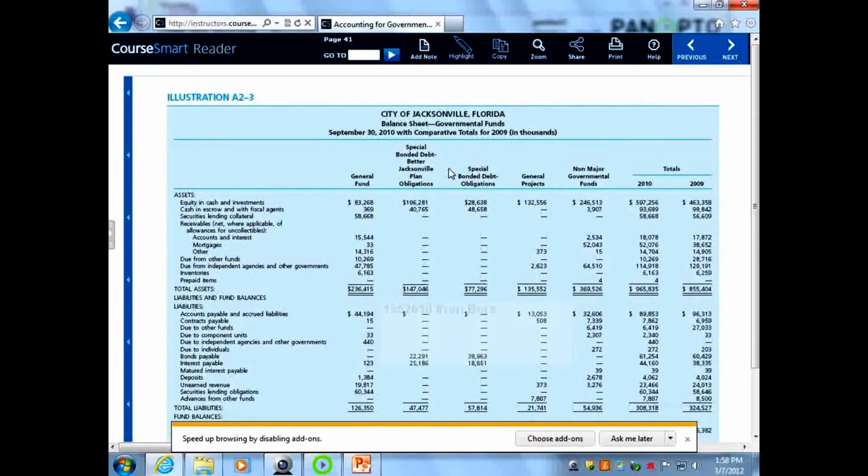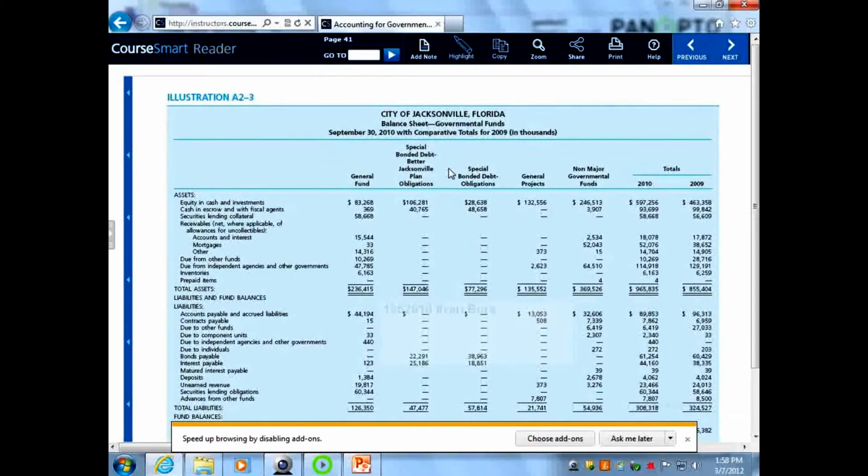So the question is, how do you decide which fund to put this in? Because this looks like non-major governmental funds. Doesn't that tell you something? If you put things into the non-major governmental fund, what are these? Major, right?